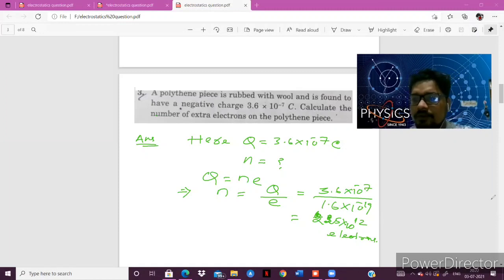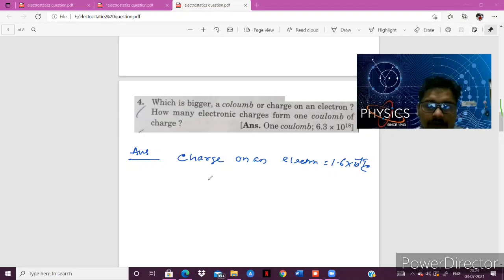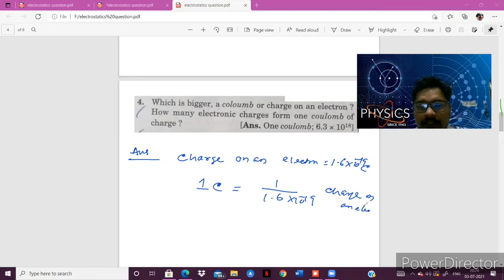Then another question: how many electronic charges form 1 coulomb of charge? 1 coulomb equal to 1 by 1.6 into 10 to the power minus 19, the charge on an electron, and this is equal to 6.25 into 10 to the power 18 times the charge on an electron.